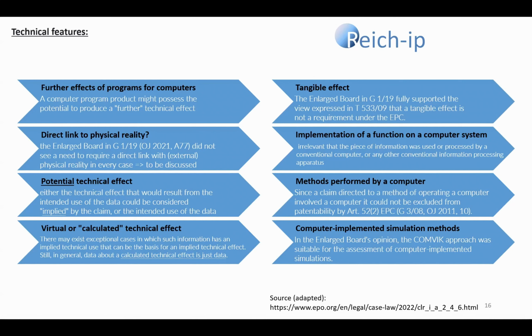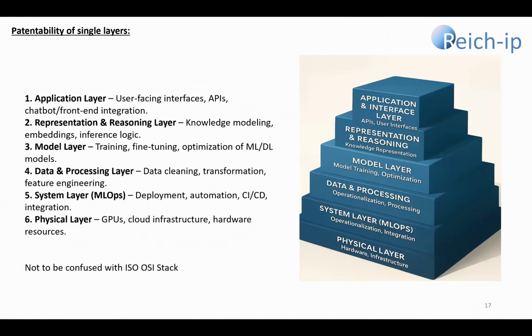And they also ruled that also in this case, the COMVIK approach applies, meaning that we also have to distinguish between technical and non-technical features, and then it depends on the claim wording, of course, on the technical features. So now we want to have a look at AI models and how they can be patented.